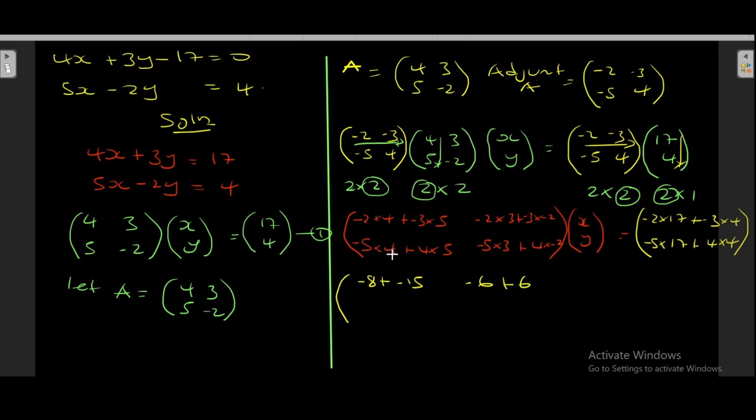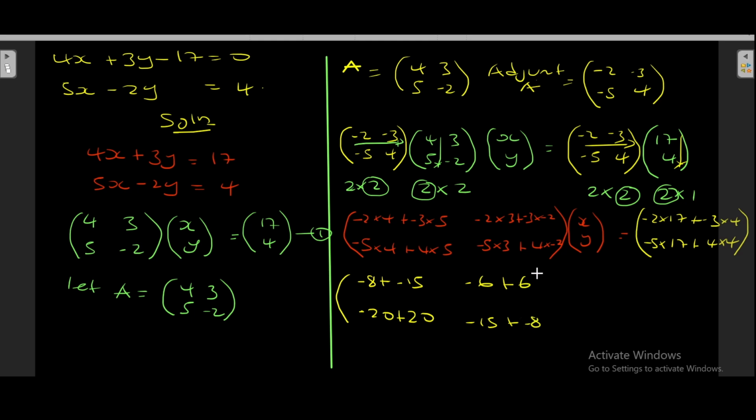Negative 5 times 4 gives us negative 20, plus 4 times 5 gives us 20. Negative 5 times 3 gives us negative 15, then plus 4 times negative 2, which gives us negative 8.